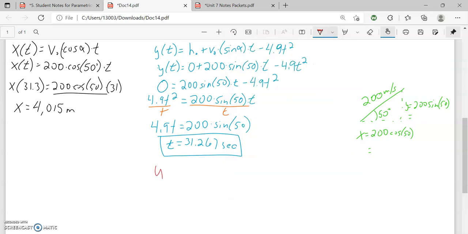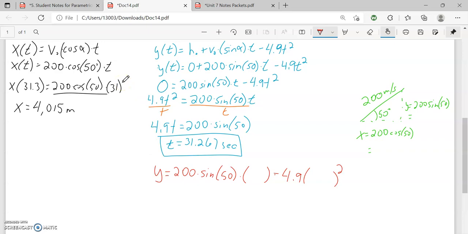We can say, I don't know the y value, I want to know the peak. So y equals 200 times sine of 50 times t, minus 4.9 t squared. If it takes 31 seconds to go from ground to peak back to ground, and it's a perfect parabola, that just means we can take half of this time, plug it in, and we will have our max value.